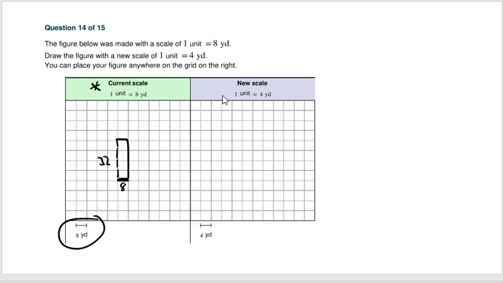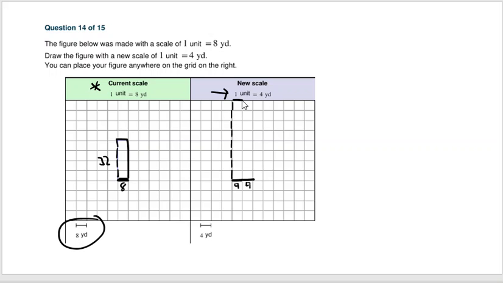Okay, now if we're using a new scale of 1 unit equals 4 yards, well, we still need our base to be 8, so that's going to take 2 units, because if 1 unit equals 4 yards, we're going to have 2 of those to equal 8. And then to get to 32, we're going to have 4, 8, 12, 16, 20, 24, 28, 32.